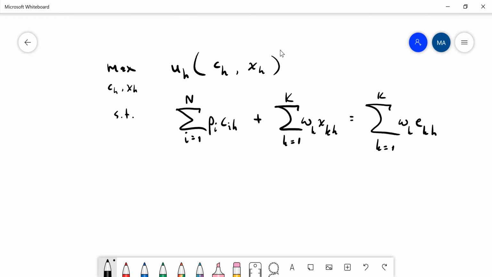In this problem, the consumer may use some of the primary factors for his or her own benefit. What's the typical example here? Consumption and leisure. Let's look at a very simple example now.